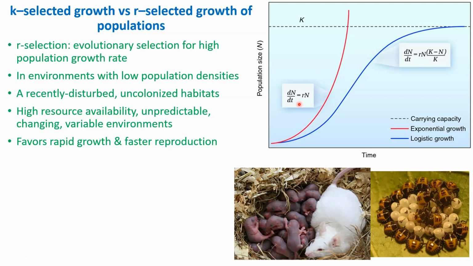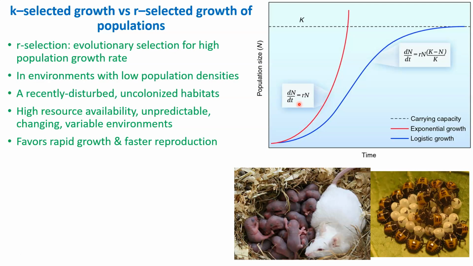So when R selection is operating, it happens when you have greater resource availability, like a vacant habitat, lots of places to occupy. It also happens when changes are unpredictable. For example, if a resource can sprout up out of the blue and can disappear, the organisms living in that habitat have to evolve certain strategies to maximize utilization of those resources in a short time frame under variable environmental conditions.